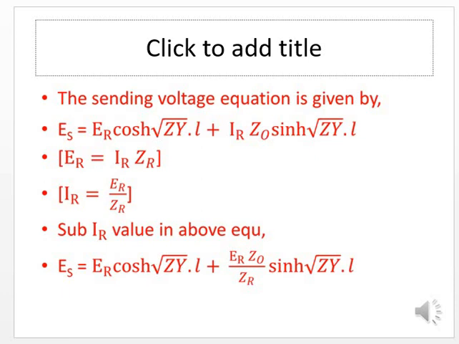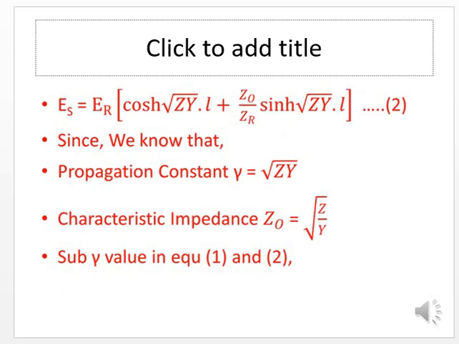The sending end voltage becomes ER cosh(√(ZY)·L) plus ER Z0 by ZR into sinh(√(ZY)·L). So ES is equal to ER, which is common in both terms, into [cosh(√(ZY)·L) plus Z0 by ZR into sinh(√(ZY)·L)]. Keep this as equation 2.